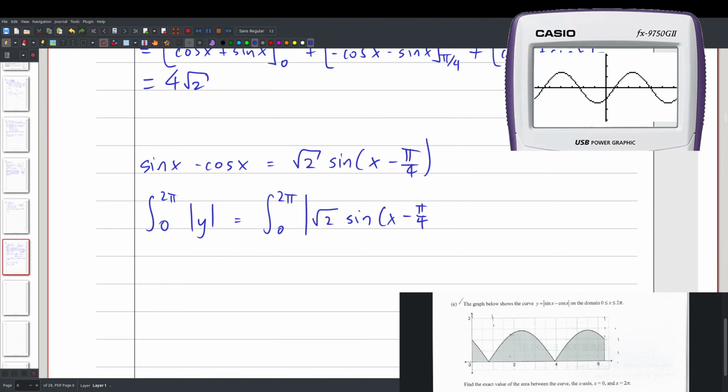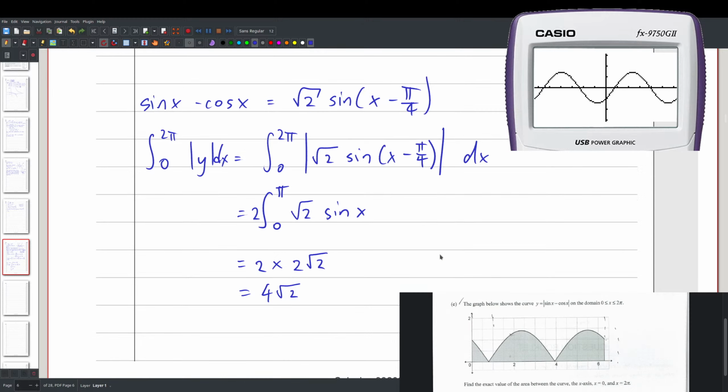And this is 1 period, so it's equal to 2 times the integral from 0 to pi of root 2 sine x, which everyone knows is 2, right? 2 root 2 is 4 root 2. Alright, because 0 to 2 pi is a full period.